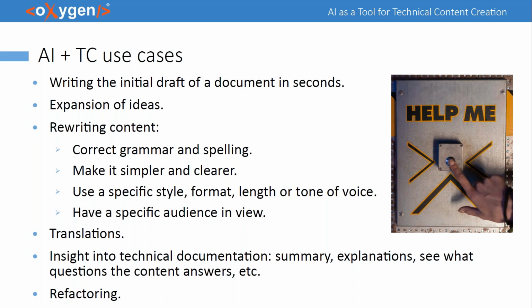We can also ask it to rewrite in a specific style, or maybe a specific format, or using a certain tone of voice. And we can also ask it to have a specific audience in view. For example, we can ask it to rewrite an article as for the academia, or to rewrite something as for a 5-year-old, and it can do that for us.